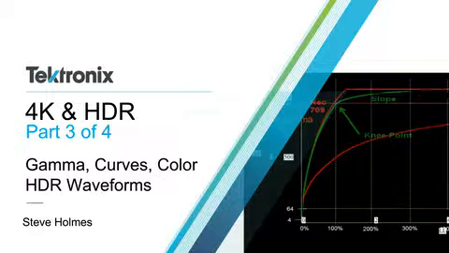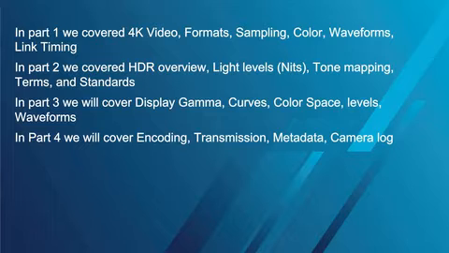Welcome to part 3 of our 4-part series on 4K and HDR. I'm Steve Holmes, a video application engineer for Tektronix. In part 1, we covered 4K video formats, sampling, color, waveforms, link timing. In part 2, we did an overview of HDR, talked about nits, light levels, tone mappings, and some of the standards.